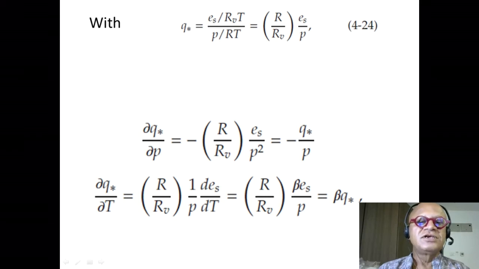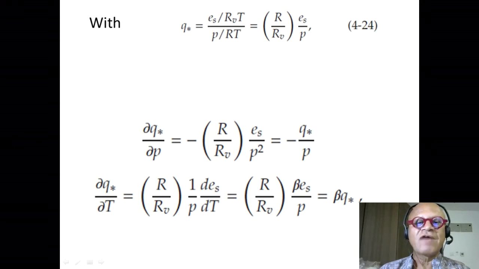So q star is this times es over p, so you replace this over p with q star. What do you get? dq star/dT is R over Rv times 1/p des/dT. That equals R over Rv beta es over p from the previous equation, and that's equal to beta times q star.